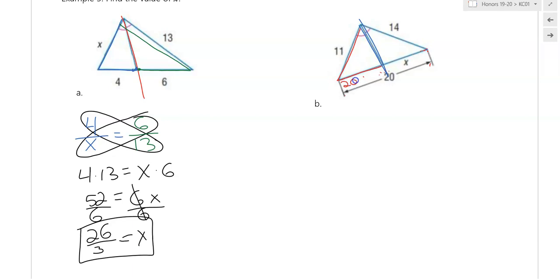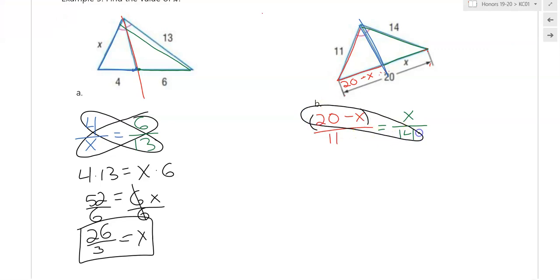So I started with 20, but I've already used x. So it's 20 take away x. So I'll have 20 minus x over 11. And then here and here, I'm going to have x over 14. Make sure we have parentheses.